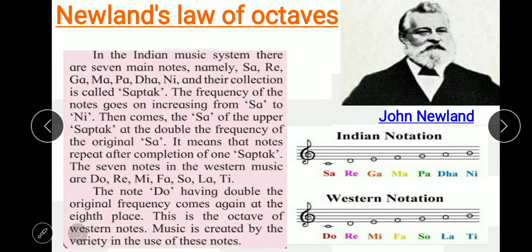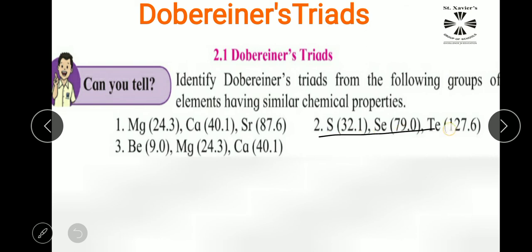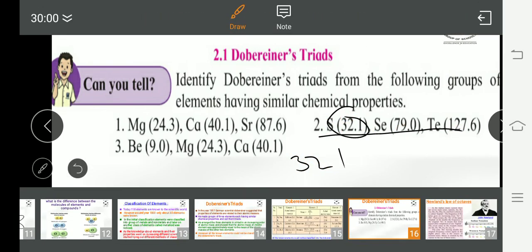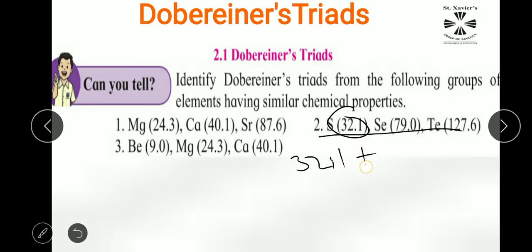Let's see the second example. Here the first atom is 32.1 plus 127.6. Let us divide by 2. 1 plus 6 is 7, 7 plus 2 is 9. I'll write 9.